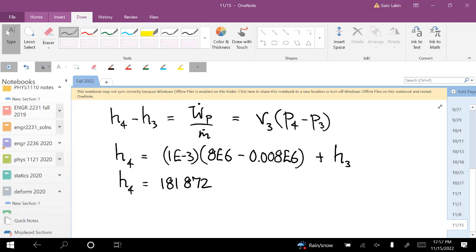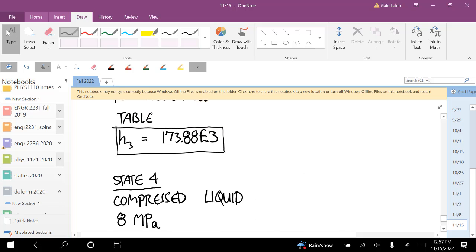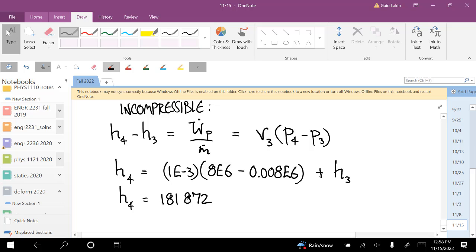But if you want to be really careful about it, you know the pressures at the two states, and you know that the specific volume of an incompressible liquid only depends on the temperature. So you can look up the corresponding temperatures at saturation and then use that to look up the specific volume. But it would be very close to that no matter what.